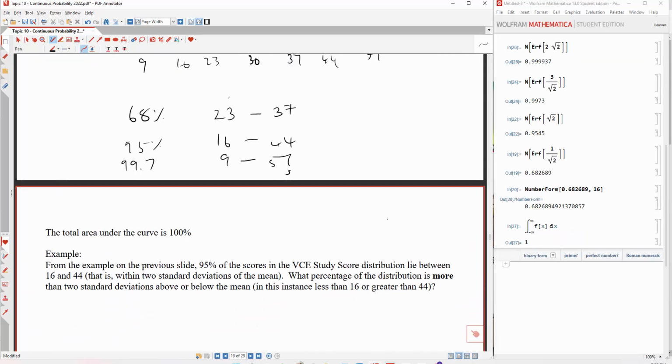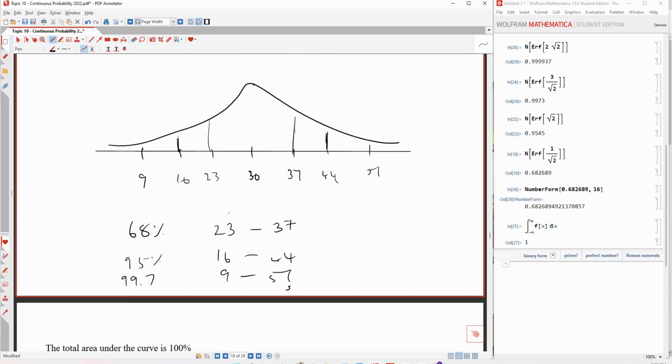So the total area under the curve is 100. All of the students fit somewhere here, but there will be some students who sit somewhere up here. Very few. In fact, roughly, if 99.7 is 3 standard deviations, then 0.3% fall outside these 3 standard deviations. So below 9 or above 51.